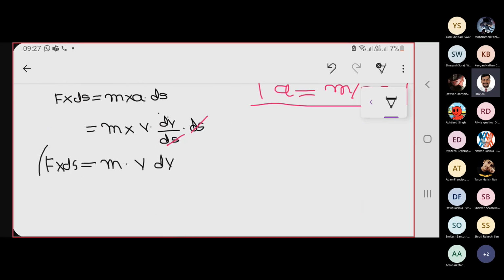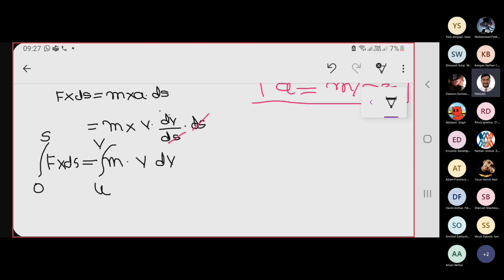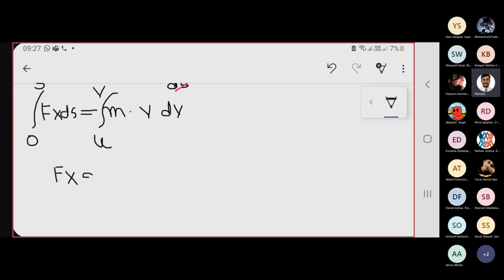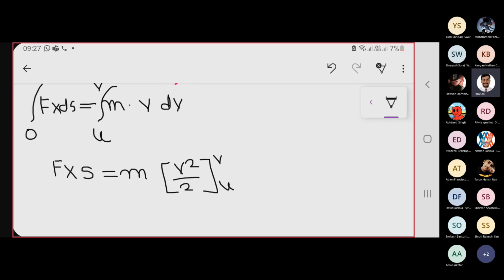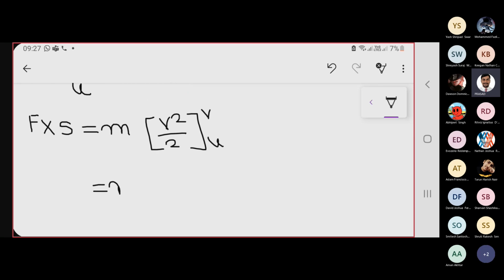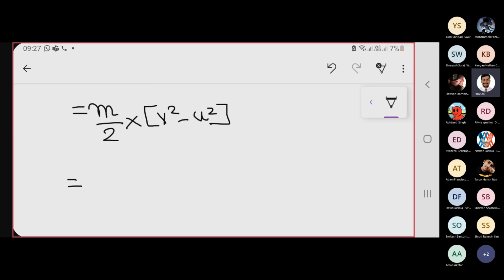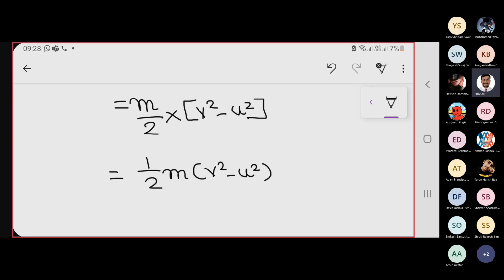So let's integrate both sides from 0 to s, and u to v. So we get F into s is equal to m into v square by 2, between u and v, or half m into v square minus u square is equal to force into distance.